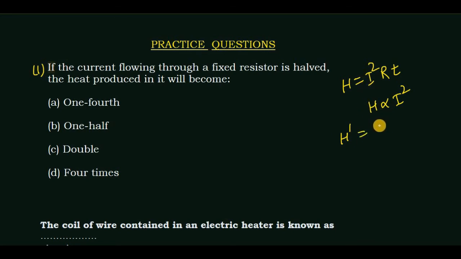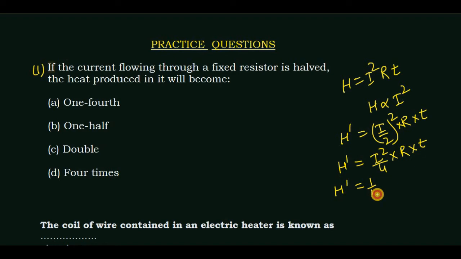So it is half, meaning the new current is I by 2, squared, and R into T. So H dash equals I square upon 4 into R into T, or we can write H dash equals 1 upon 4 I square RT, and in place of I square RT you can write H. So H dash will now be 1 upon 4 H.